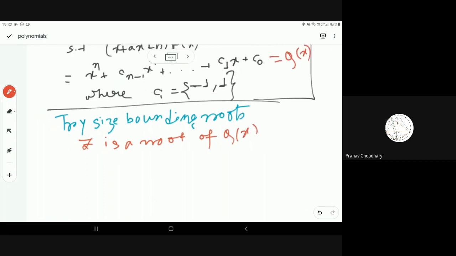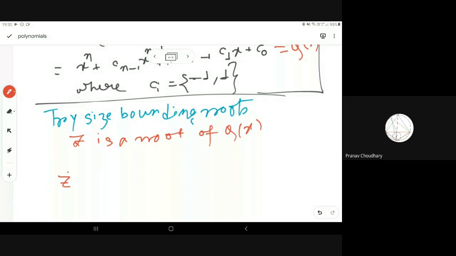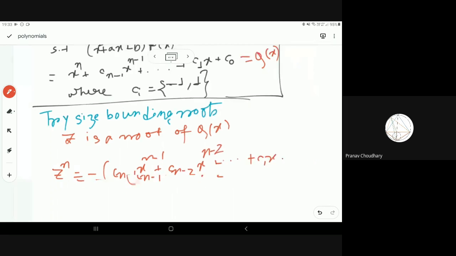You can immediately write z to the n equals minus of c_{n-1} z to the n minus 1 plus c_{n-2} z to the n minus 2 plus, up till, c_1 z plus c_0.